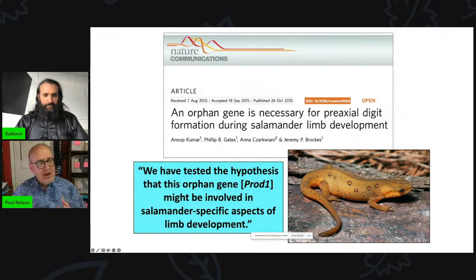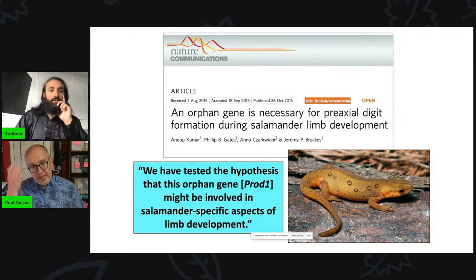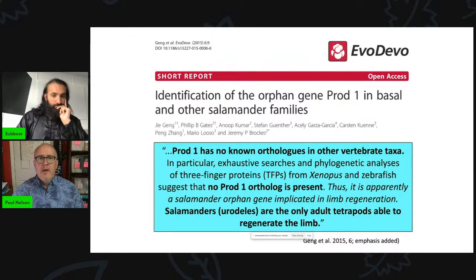Again, we're talking about not a peripheral aspect of the biology of these creatures. Having a limb and being able to regenerate a limb is a central requirement for a vertebrate, a tetrapod like a salamander. And when these investigators went looking for the homologs or the orthologs of this particular gene, they couldn't find them.